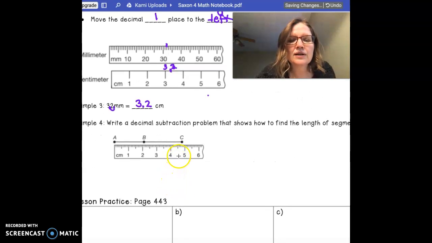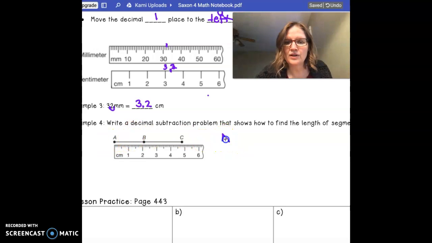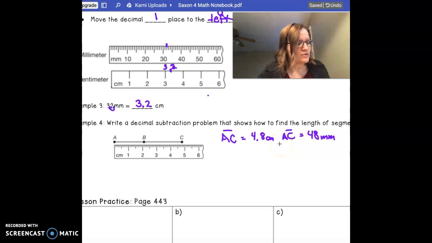It looks like this whole piece from A to C, our line from A to C, looks like 4 centimeters and 8/10. Or we could say AC equals 48 millimeters. And they want us to come up with a subtraction problem.